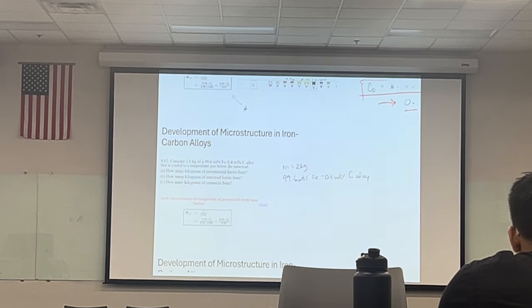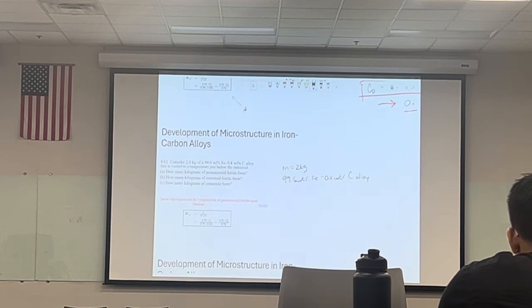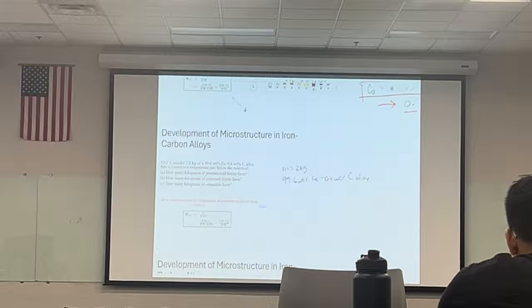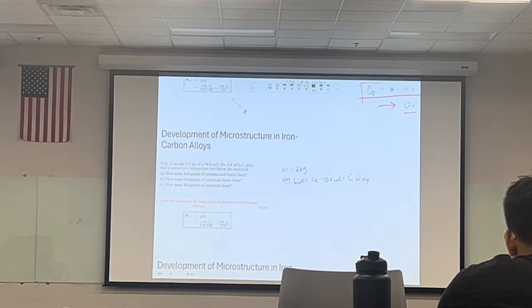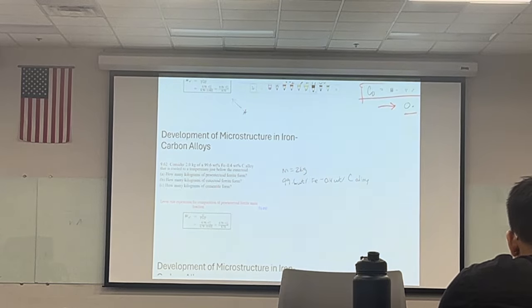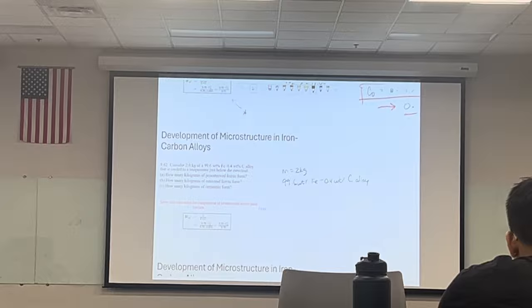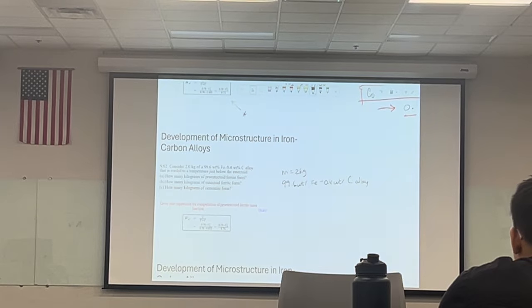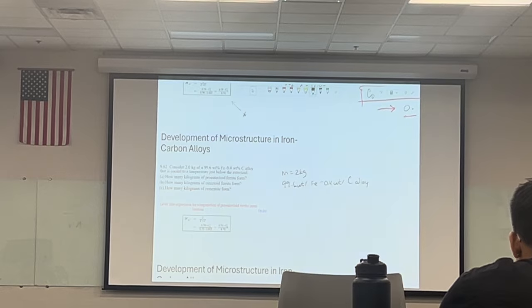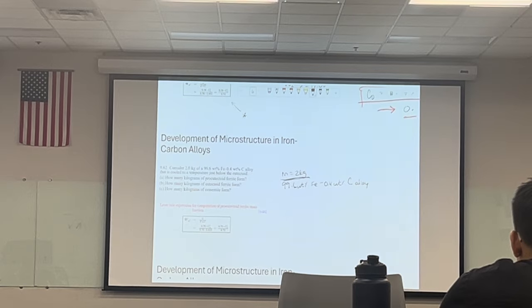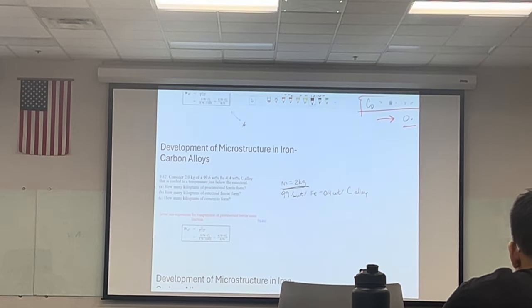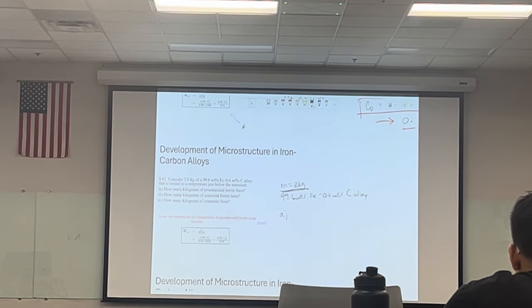So the equation that I pulled for you guys here, we would use that to solve for the alpha prime, the proeutectoid ferrite mass fraction, and then multiply that mass fraction that we get by this mass here, and that will give us in kilograms the actual proeutectoid ferrite formed.